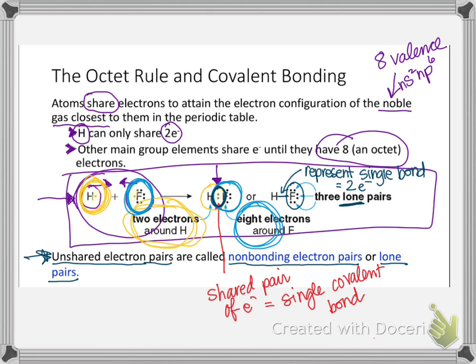You also need to become familiar with what a shared pair means and how we represent them when we're drawing it, and what a non-bonding electron pair and lone pair is representing. Now we're going to practice drawing, and I'm going to teach you how to draw what we call Lewis structures of molecules, and so we'll be practicing and using this some more.